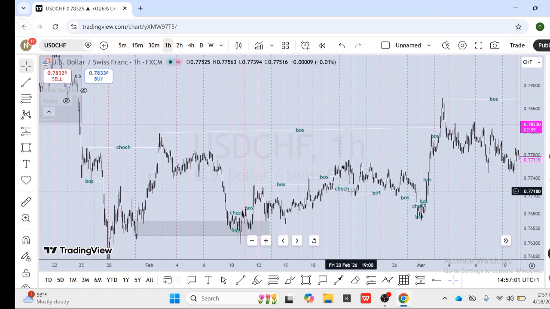So you don't go against the trend. You get against the trend, you may lose money. But when you trade in line with the trend, you may be 50, 60% correct. So trading in line with the trend is all to your advantage. So when you mark out the structure, it will guide you to know the direction of the market, the trend of the market, and you take decisions based on that.